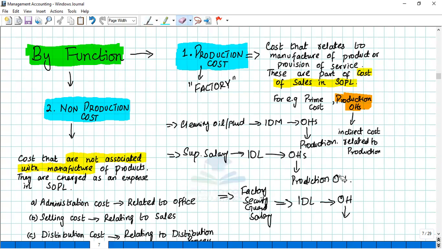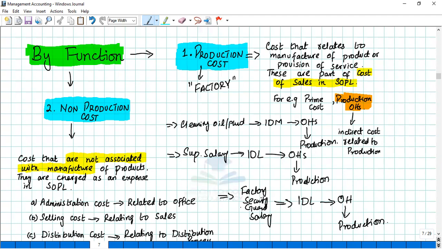Most of you will be saying he's not part of the production process, so this is non-production cost. But no, the security guard is a factory security guard. He is assisting the factory workers. How? By providing security to them. So he is part of the production process as a whole, and the cost of the factory security guard will also be known as production overhead.